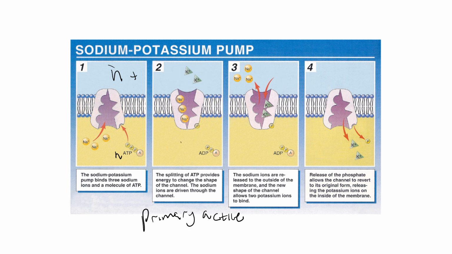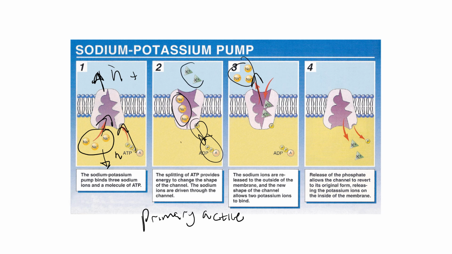Now, I can just real quickly show you, because I was not showing you the actual slide itself. What's happening here in the first image is the sodium ions are coming in, and then ATP is being broken down into ADP, and that's actually allowing for the sodium ions to get kicked out. And again, they're moving from a low concentration inside to a high concentration outside. Okay, and then you can see the same thing for potassium.